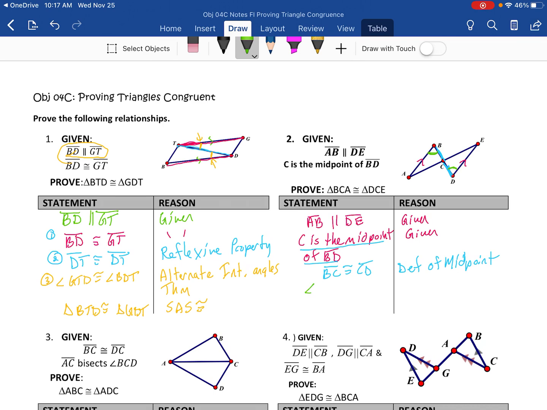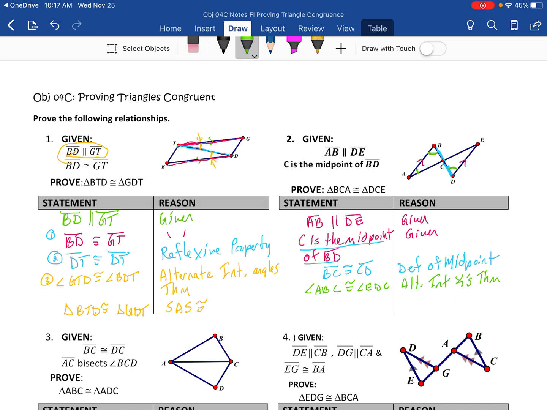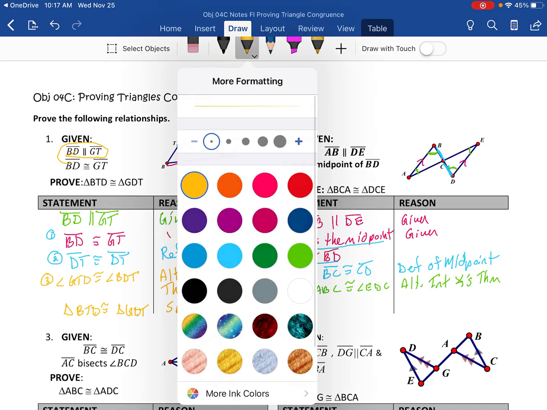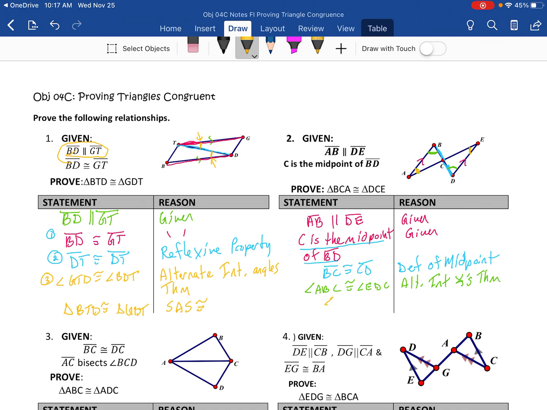So I also know angle ABC, and you could call that ABC or ABD, must be congruent to angle EDC. And that's going to be alternate interior angles theorem. You also have another pair that you can talk about. So I also know angle A must be congruent to angle E, or angle CAB, but I can name it with one letter.